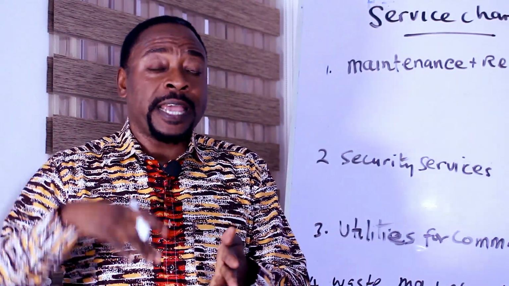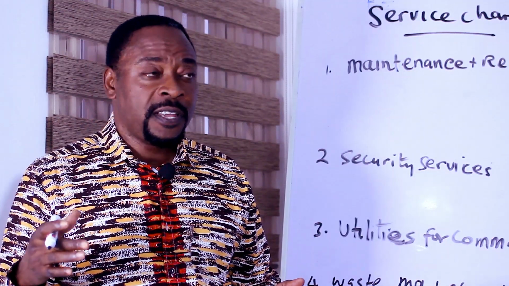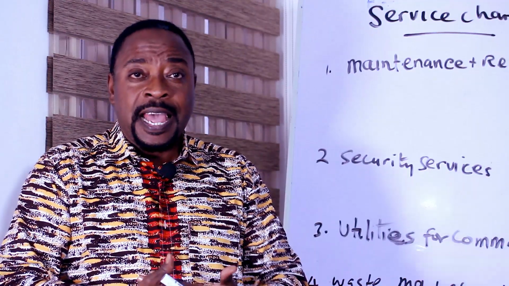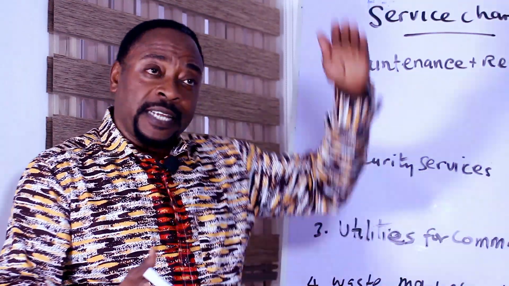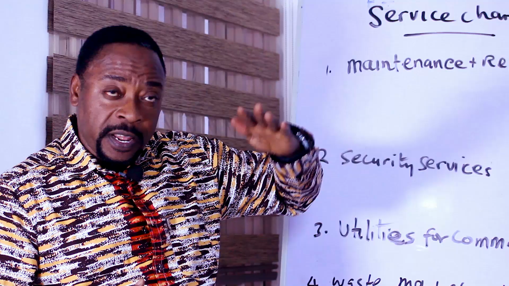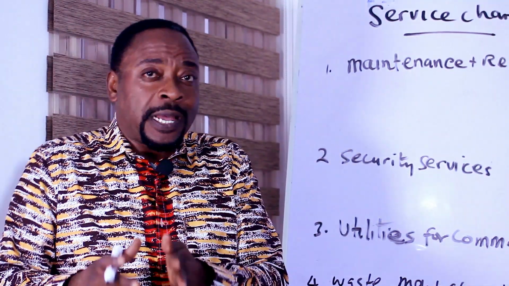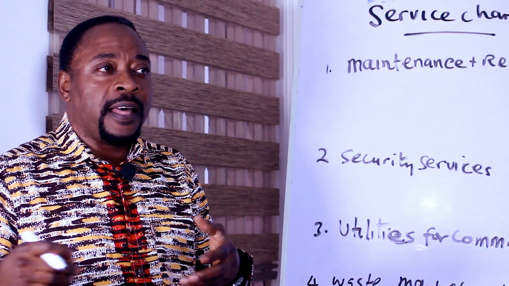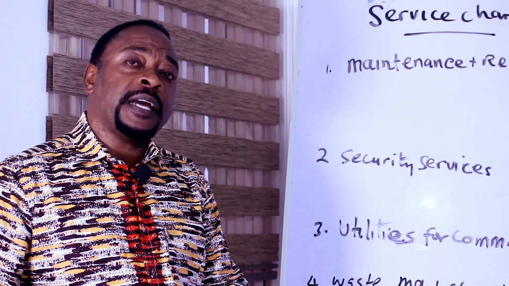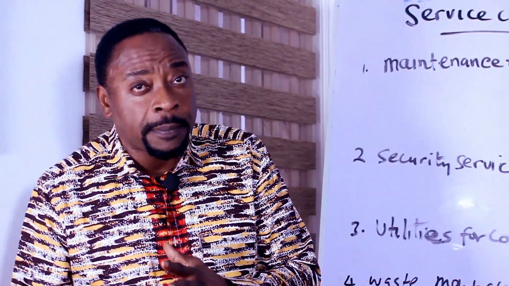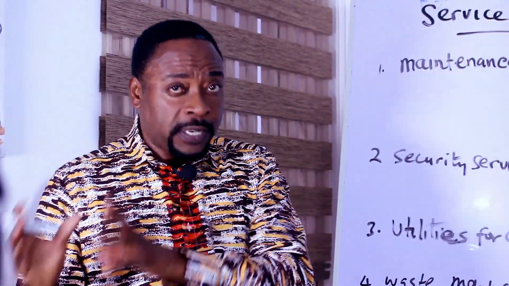Before a developer increases the service charges, they must be in consultation with the homeowners and go through the budget, the income received, that is the money received from homeowners, and the expenditure incurred. And then you arrive at a figure and you find out whether there was more income than expenditure. If there was more income than expenditure, we will look at what needs to be done with it.